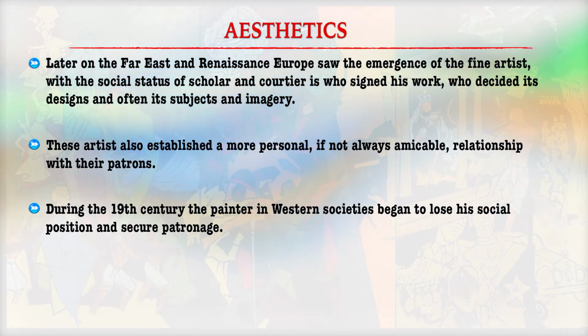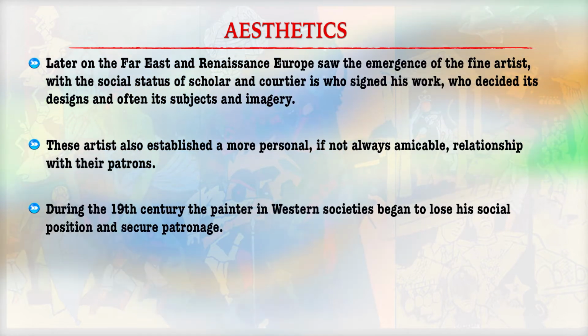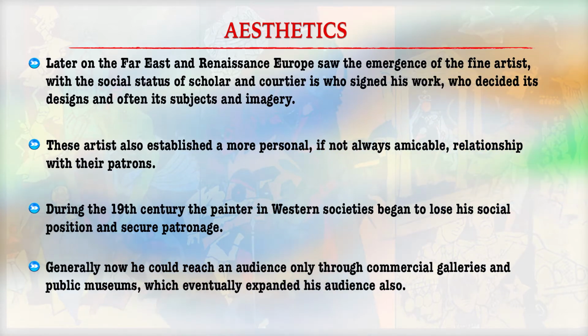During the 19th century, the painters in Western society began to lose their social position and secure patronage, and they could reach the audience only through commercial galleries and public museums, which eventually expanded the audience base.